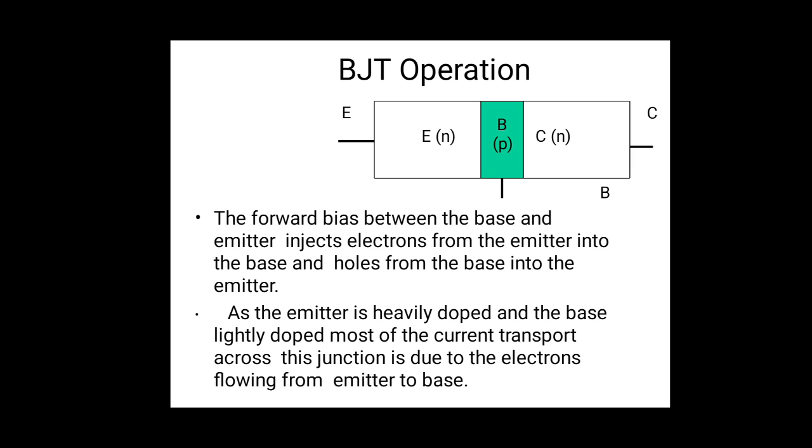As the emitter is heavily doped and the base is lightly doped, most of the current transport across this junction is due to electrons flowing from the emitter to the base.